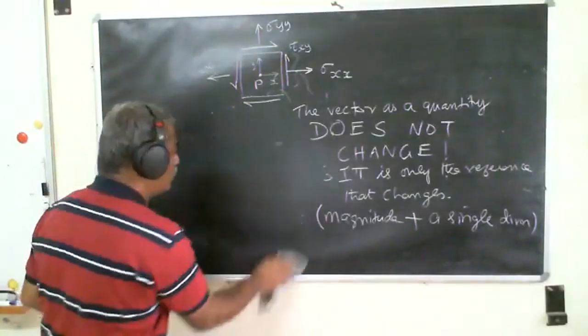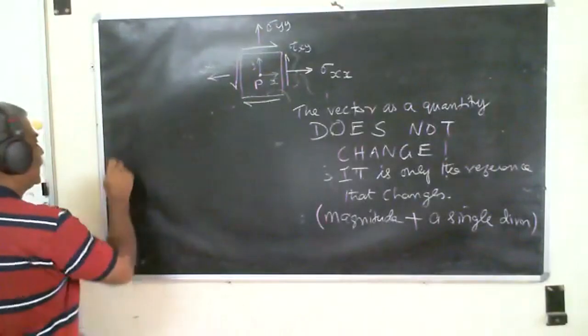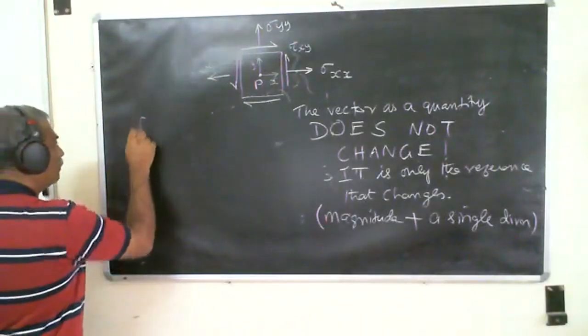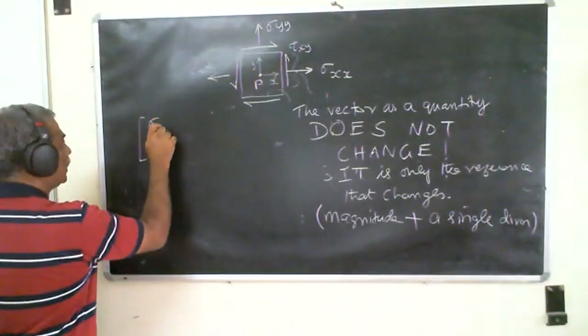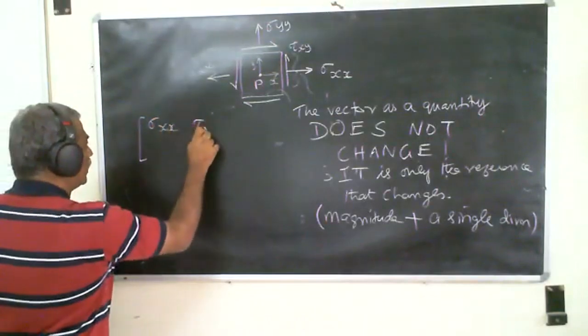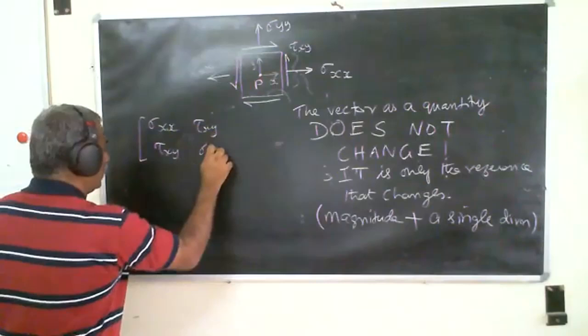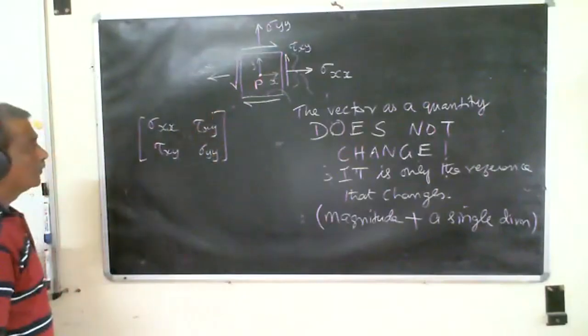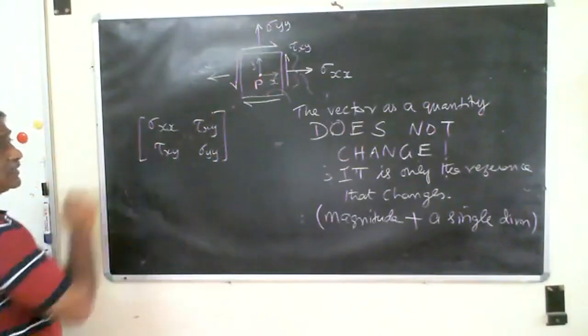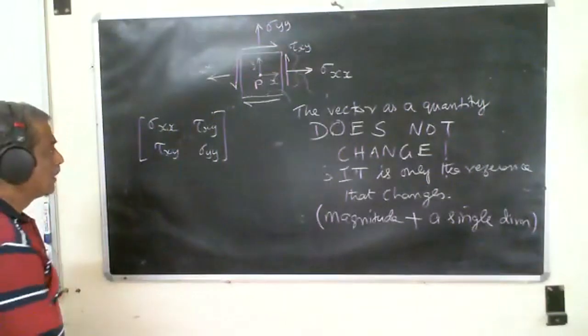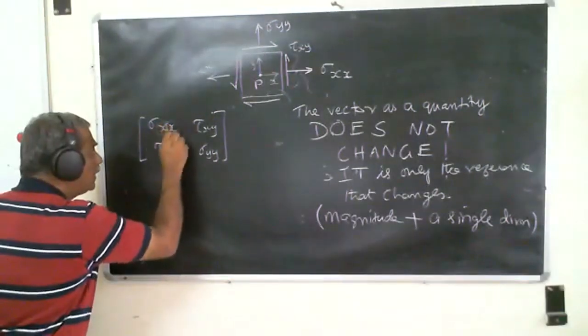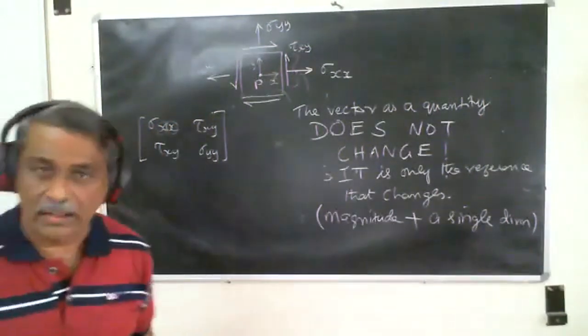Okay. With this idea, I'm going to just move on to what we now looked at, which is sigma. So we wrote this matrix sigma xx, tau xy, tau xy, sigma yy, right? How did I see this stress? Definitely through the eyes of x and y, is it not?